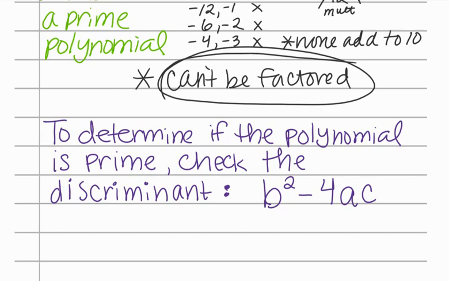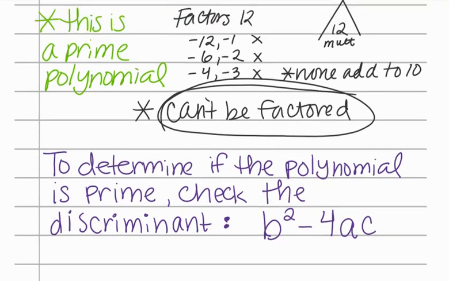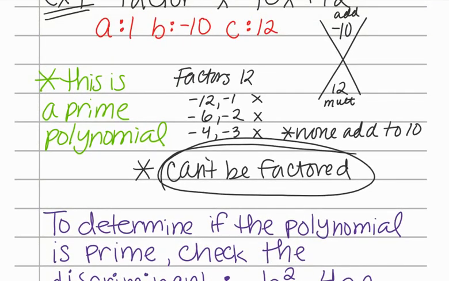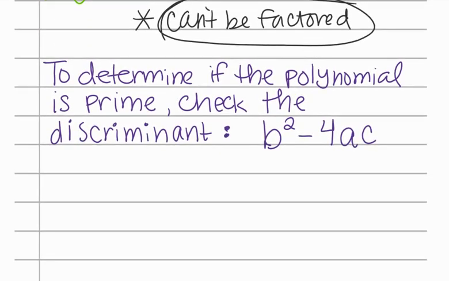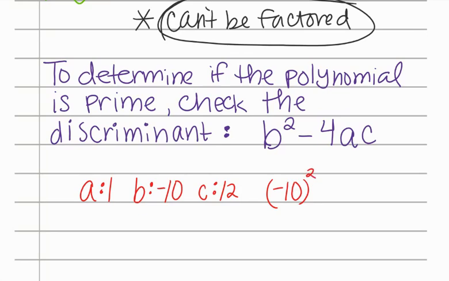Okay, so let's do that with our last set of information. Our a was 1, our b was -10, and our c was 12. So b squared would be (-10) squared.